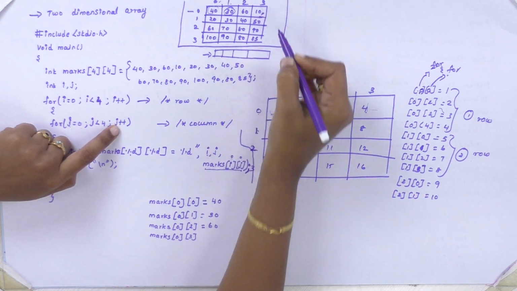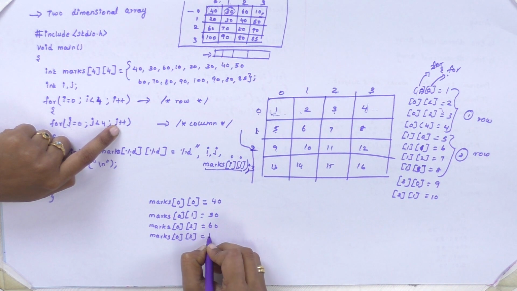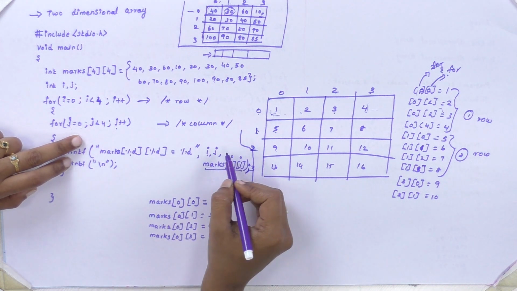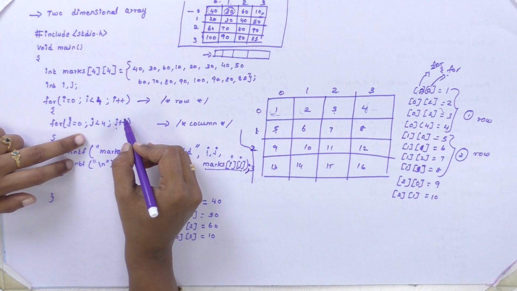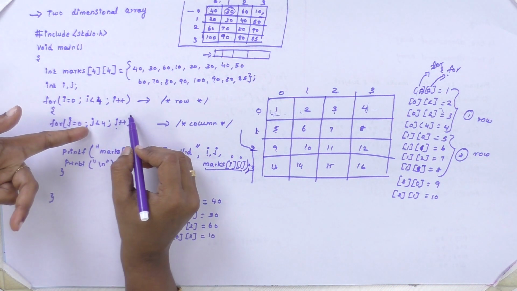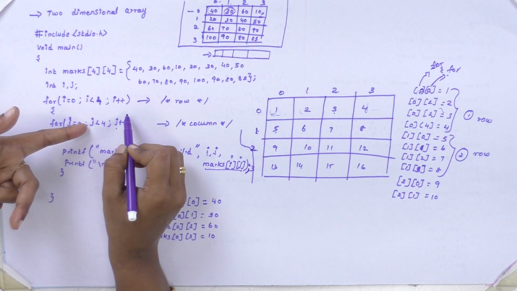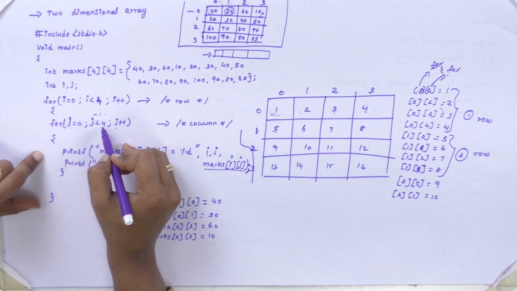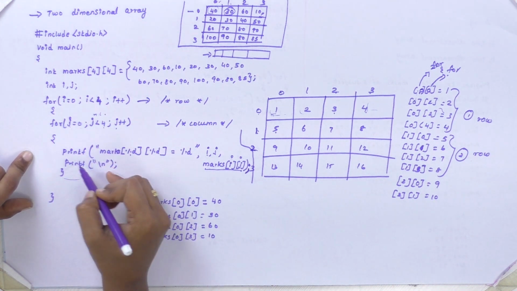So 0 3, the value will be 10. Then when the j value is 3, it will come to j plus plus and increment the value by 1, so j becomes 4. Then 4 less than 4, the condition is false, so it will come out of the loop.